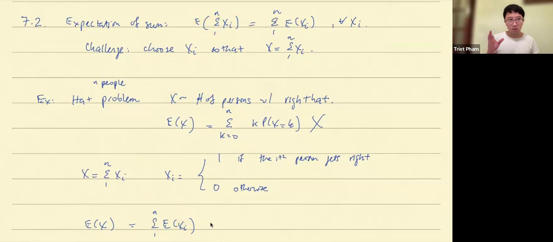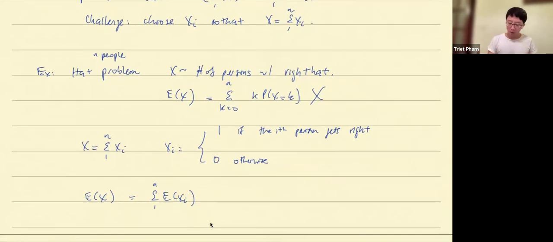Variance requires you to look at the interaction, but two at a time, so it's still tolerable. Here you just have to look at an individual person. But an individual person clearly gets the right hat with probability 1/n each, so that's 1, regardless of how many people you have.